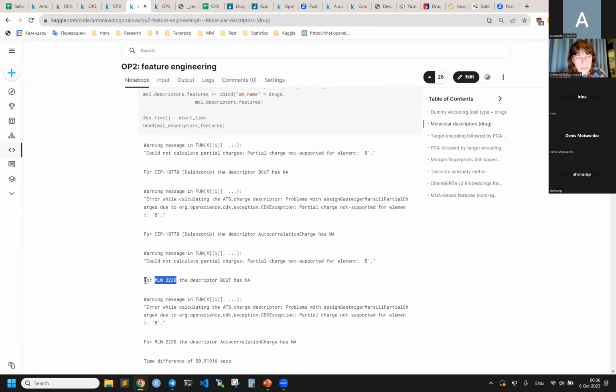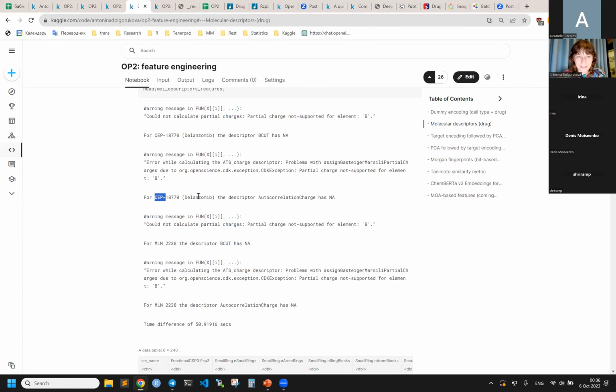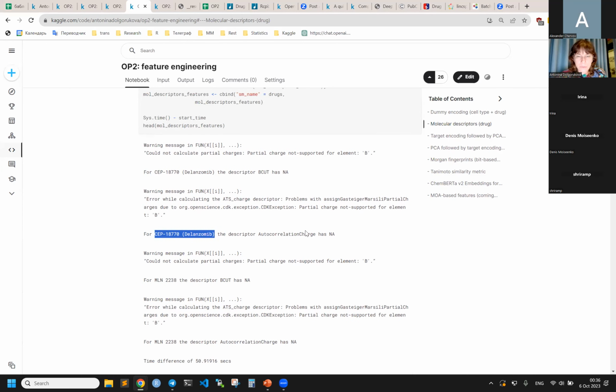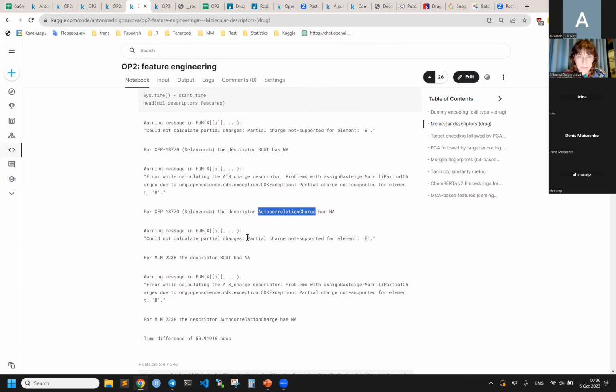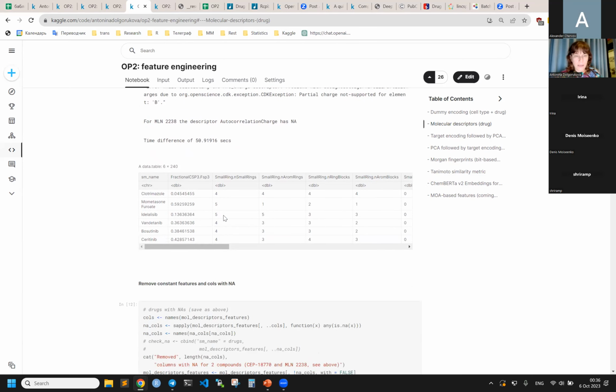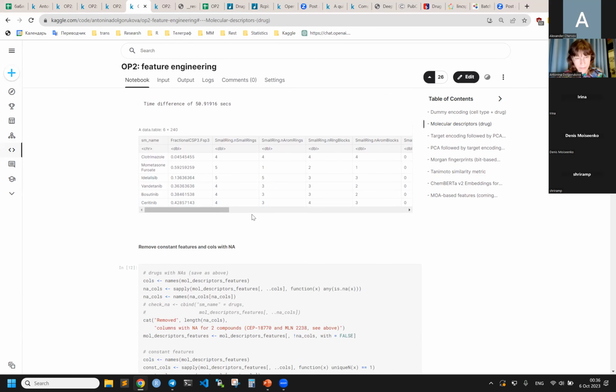This can mean that these molecules are some kind of outliers based on chemical structure, which I did not yet examine more precisely. So you may want to check it afterwards. To not have NA in our features, I also removed these two descriptors. So we come up with 42, just occasionally.